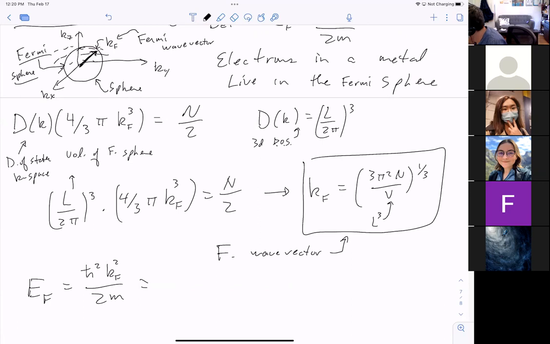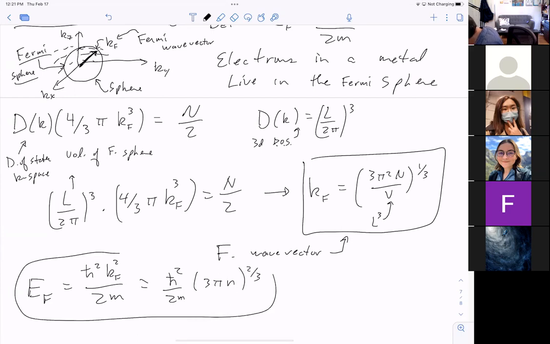So I just plug that in, and I get that the Fermi energy is equal to h bar squared over 2m times 3 pi squared n to the 2/3, where n is equal to N over V, the density of electrons.